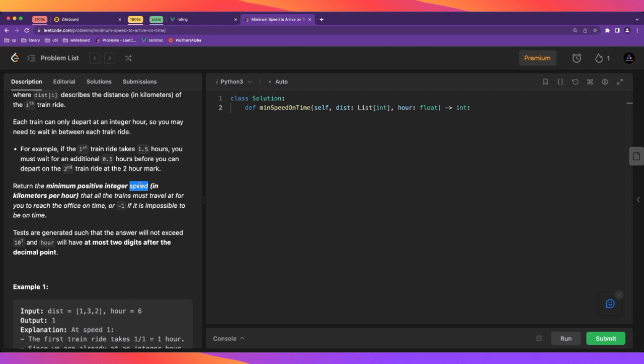And so what I was saying is that this function is monotonic, which is what you need in order to do binary search, in the sense that for speed 0 you cannot reach it, and you are going to have a sequence of speeds with false that do not reach the office on time, and eventually you get a speed that can reach, and so on, and then you will have all truths.